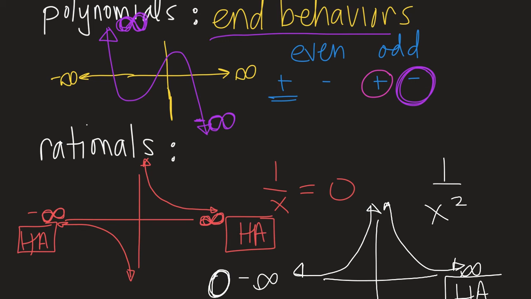In this case, both of these are 0 also. So if your rational function doesn't have a vertical shift, then the answers to the limits as x approaches infinities are zeros. That's going to come in pretty handy when we start using limit analysis of these types of rational functions.